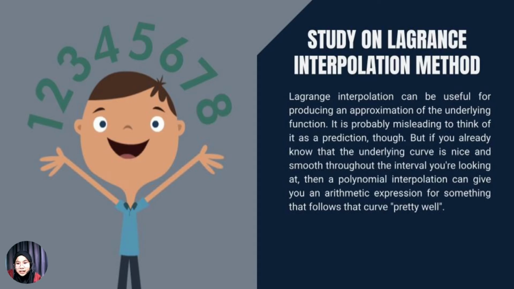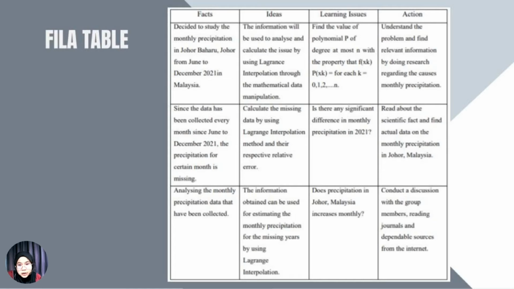So moving on to the FILA table. There are four things inside this FILA table as shown above: the facts, the ideas, the learning issues, and lastly the actions. We start with the facts, where we decided to study the monthly precipitation in Johor Bahru, Johor from June to December 2021 in Malaysia.